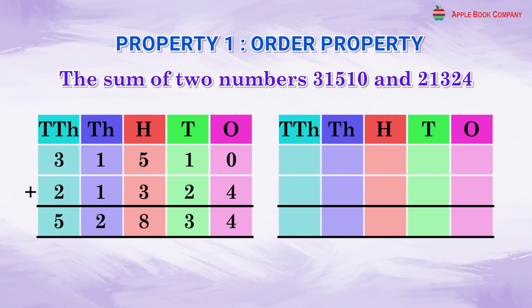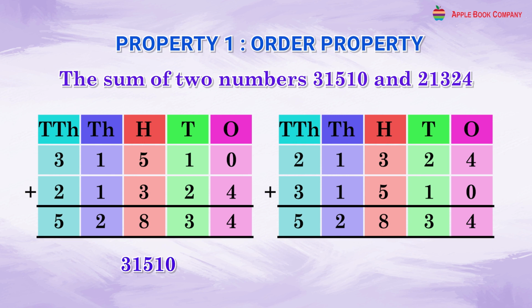On the right, we are summing 21324 and 31510, which is also 52834. Therefore, 31510 plus 21324 is equal to 21324 plus 31510.